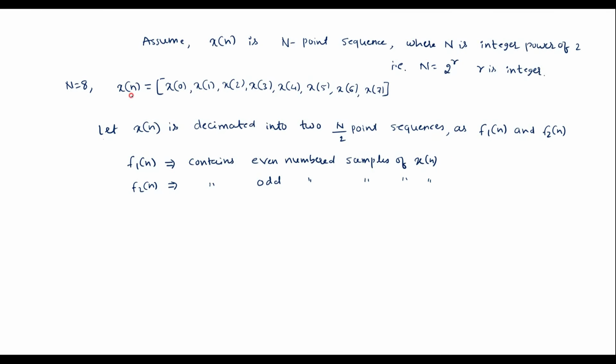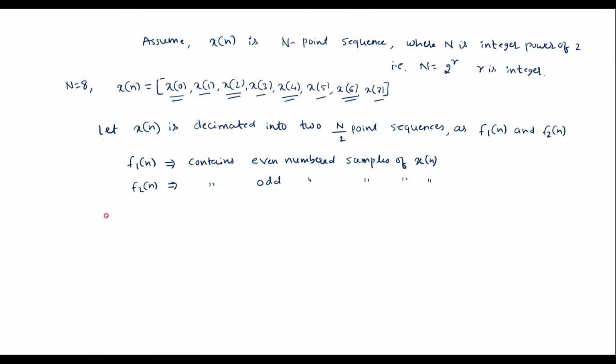Here I have assumed that x of n consists of 8 samples. So f1 of n consists of even numbered samples: x of 0, x of 2, x of 4 and x of 6. Similarly, the odd numbered samples are x of 1, x of 3, x of 5 and x of 7.